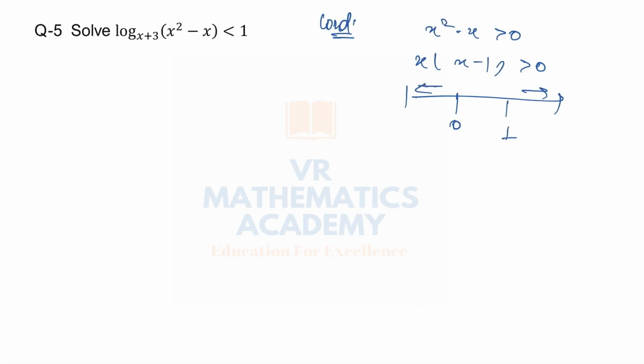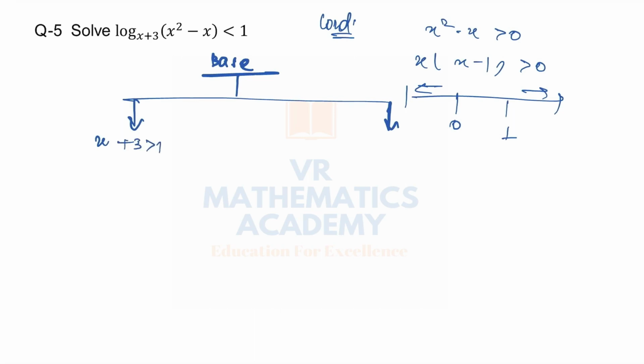So this is the condition we found. But now if we discuss the base, here the base is variable, so we will take two cases. Case number 1, when the base is greater than 1. Case number 2, when the base is less than 1 and greater than 0. So when the base is greater than 1, then x will be greater than minus 2.